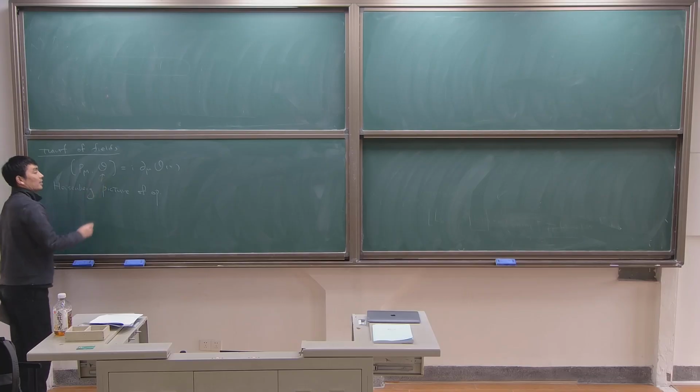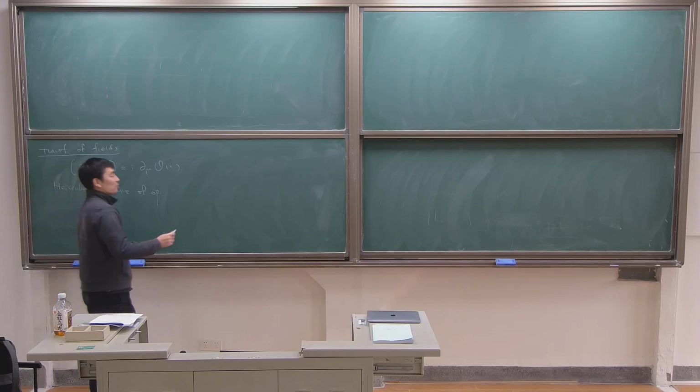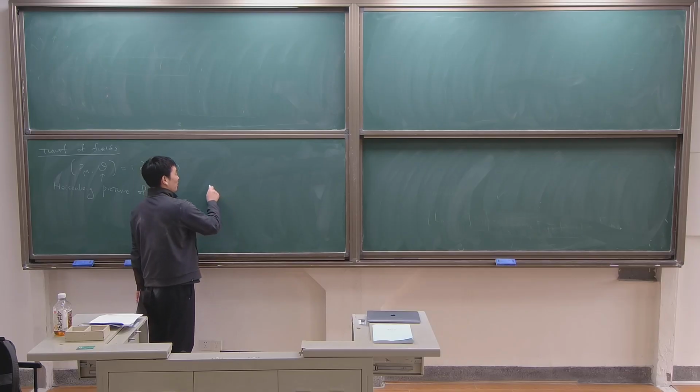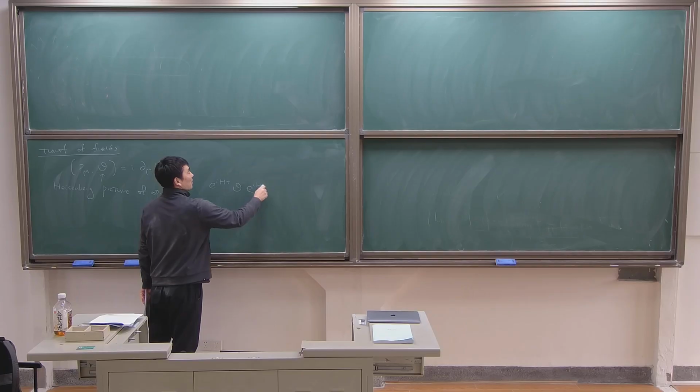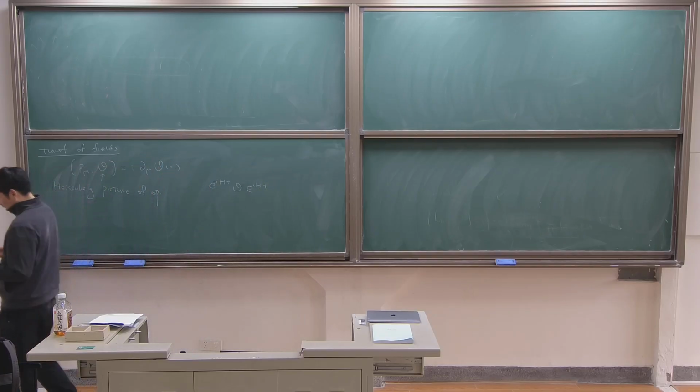In the Heisenberg picture, the operator depends on time and so on, right? To go to the Schrödinger picture, you need to do this kind of sandwiching with the time translation.